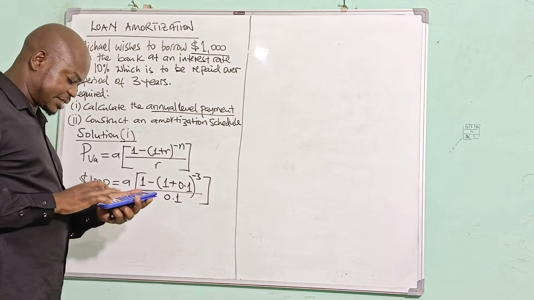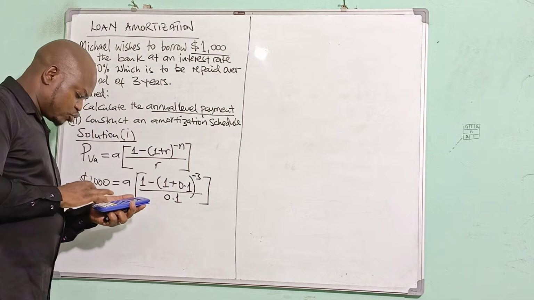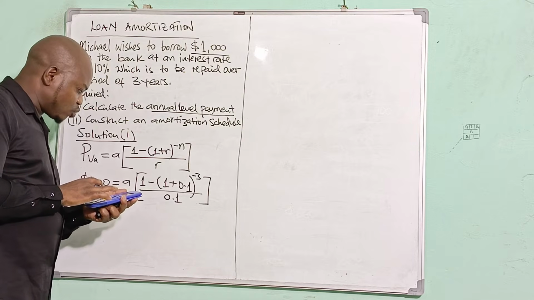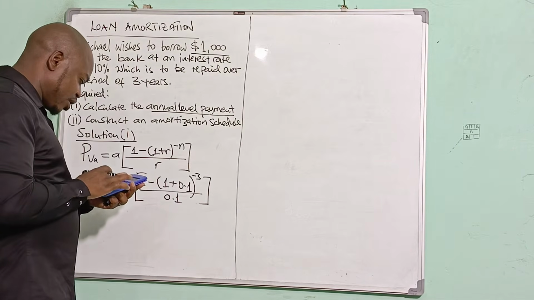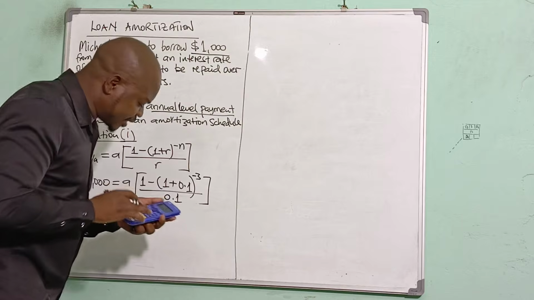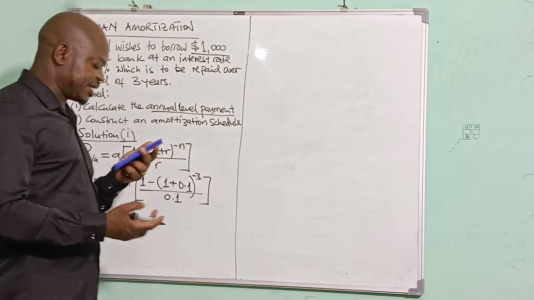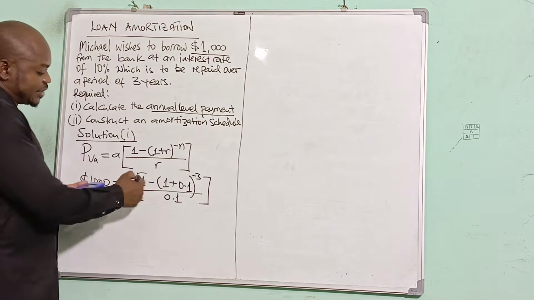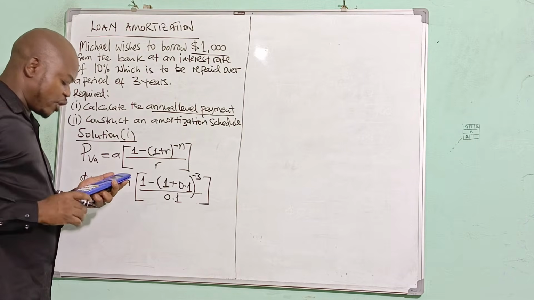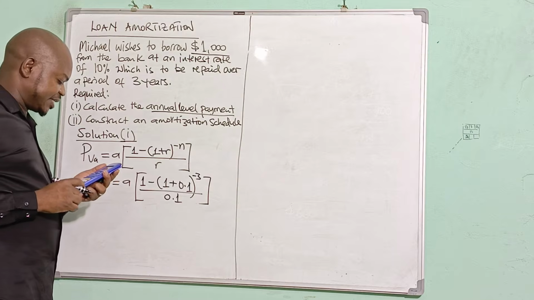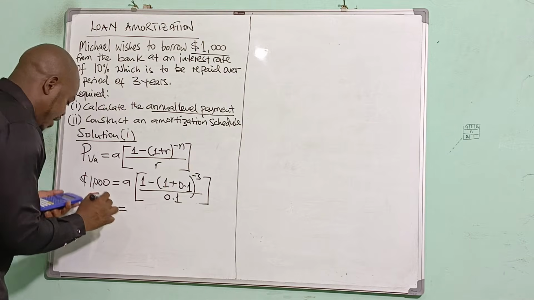So I start 1 minus, the calculator has got open brackets, so I will open the brackets, 1 plus 0.1, close brackets, raised to the power -3, close brackets there. Then I say equal to, and I'm obtaining 0.2486851991, just the top part. Then I divide this answer by 0.1, and I obtain 2.486851991.